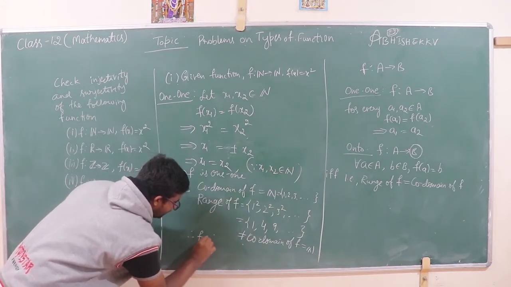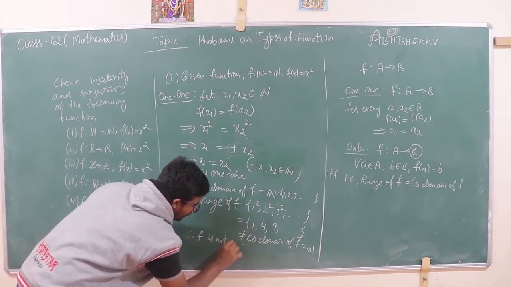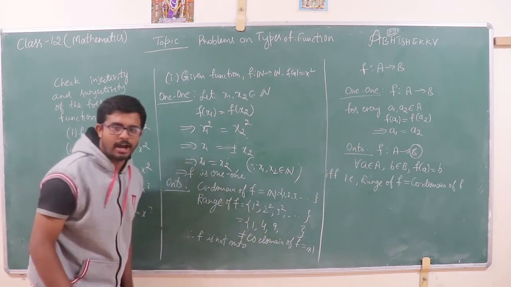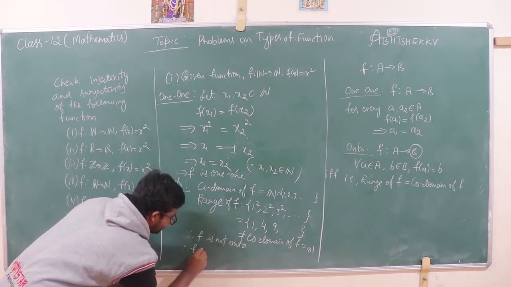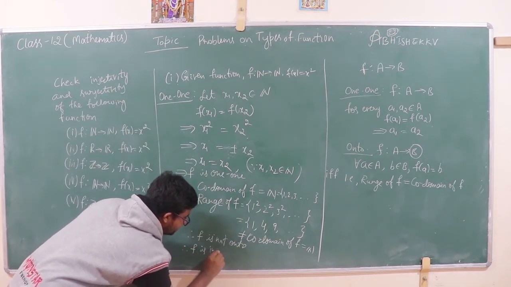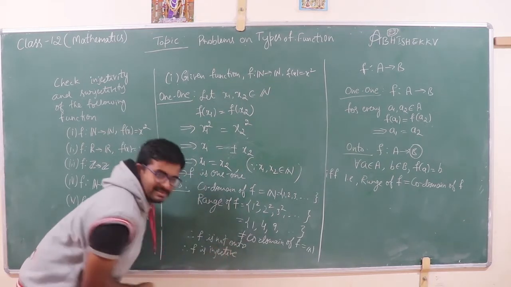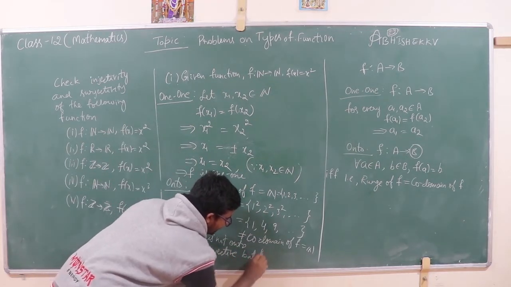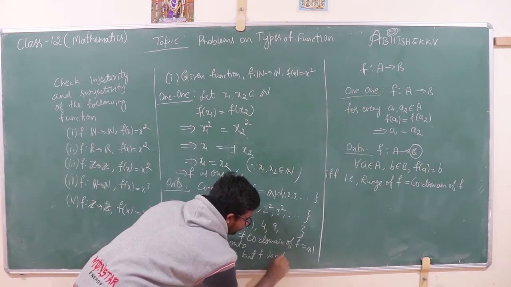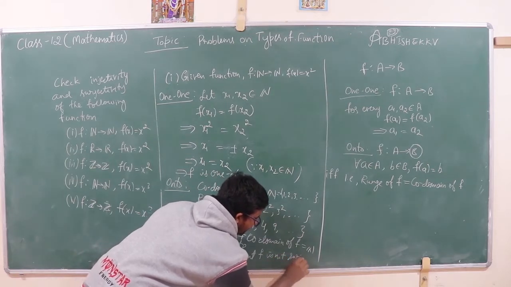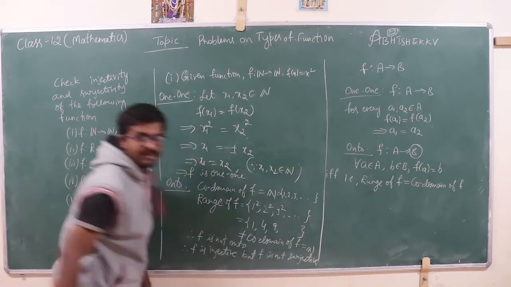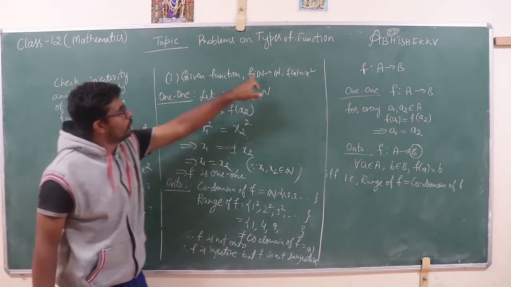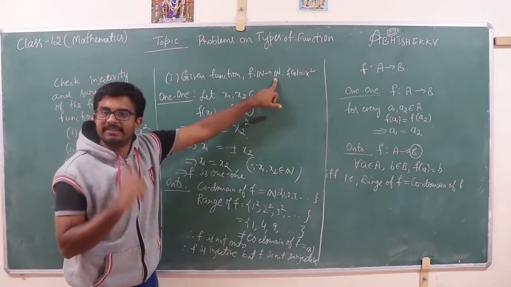Then we conclude, therefore f is not onto. F is injective, but f is not surjective. Here both domain and codomain are very important.